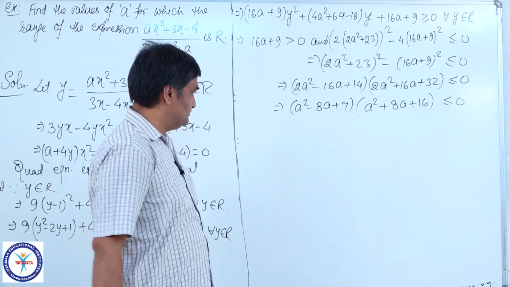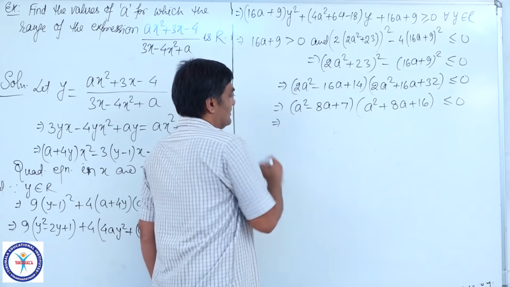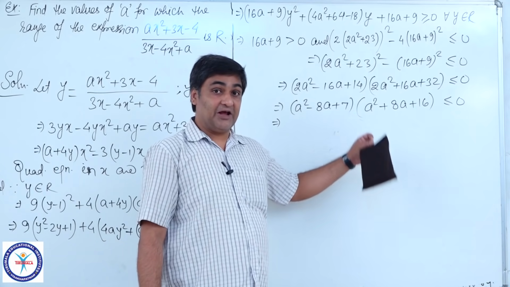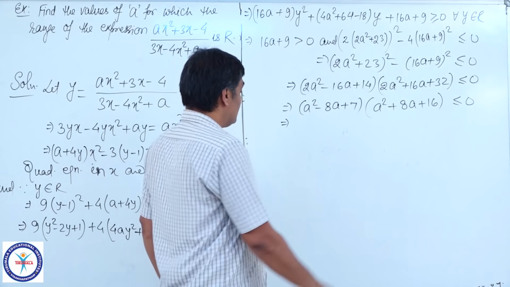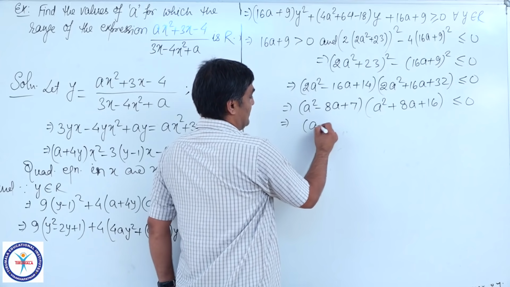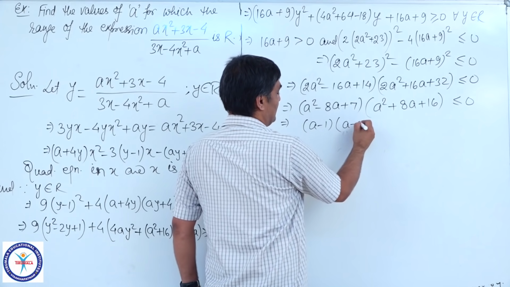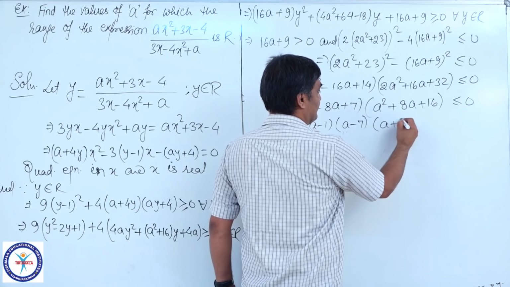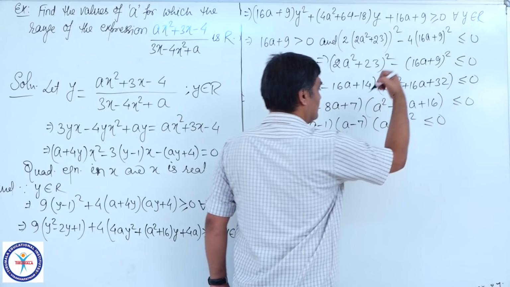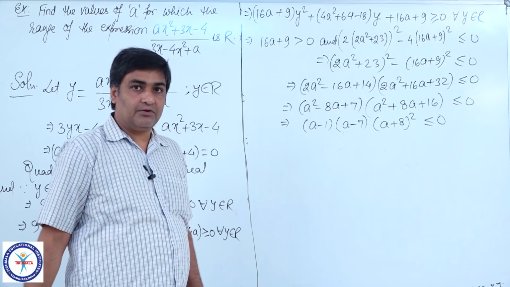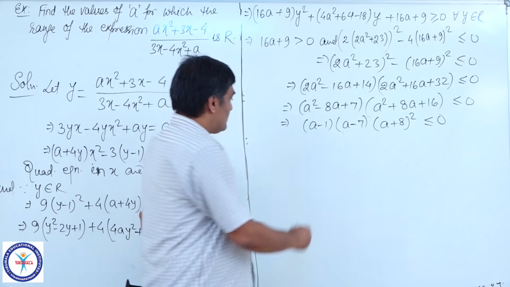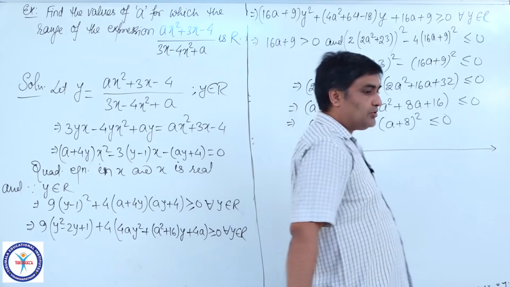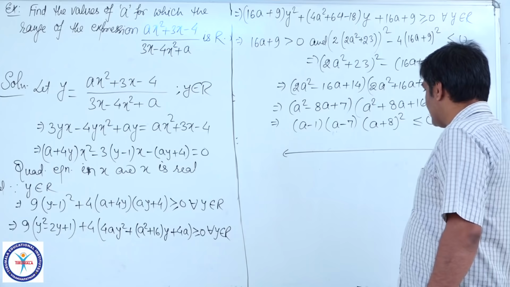Okay. Now we have to apply the wavy curve method. A minus 1, a minus 7, a plus 8 whole square less than or equal to 0. Now if we apply the wavy curve method, write all the roots, means what?